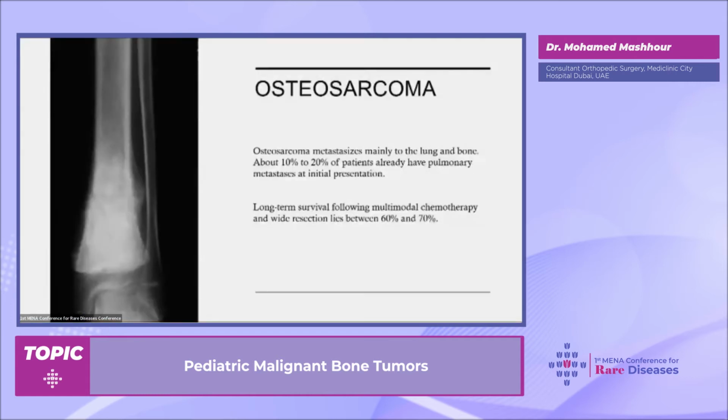By the time you first see your patient, he's already in metastasis, because the new concept is that it's a systemic disease rather than a localized disease. The long-term survival, despite the aggressiveness of this disease, is very good, and the survival rate ranges between 60 and 70%, and in some reports up to 85 and 90% with proper diagnosis and proper therapy.